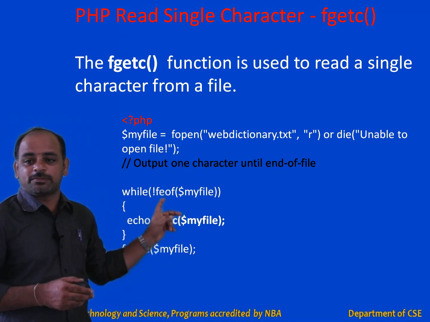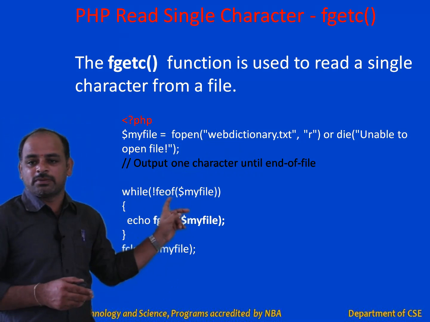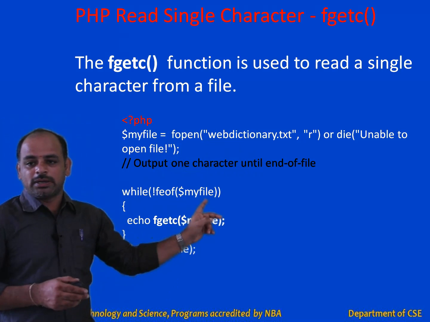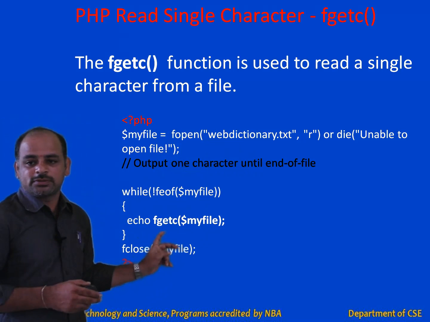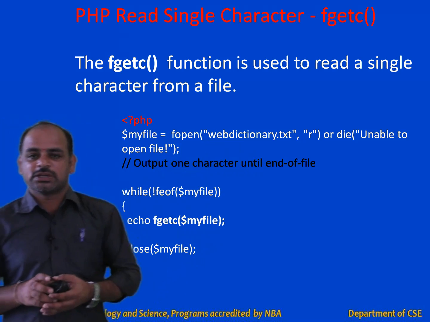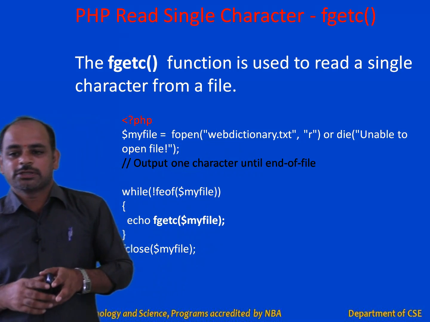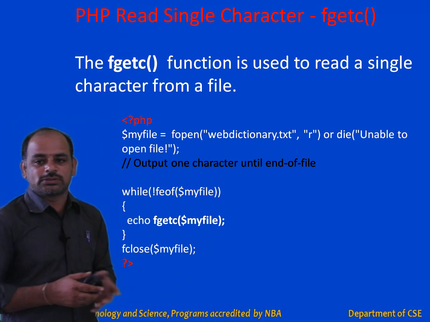Here, in place of fgets, while not eof, that is end of the file, and the name of the file, that is the file handle, I am using fgetc my file. What it does is read the content of the file character by character and display it. Finally we have to close the file here.